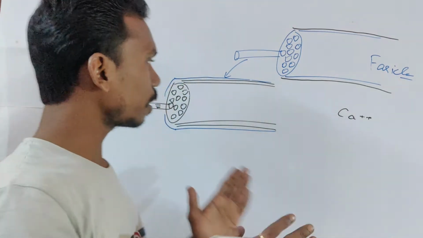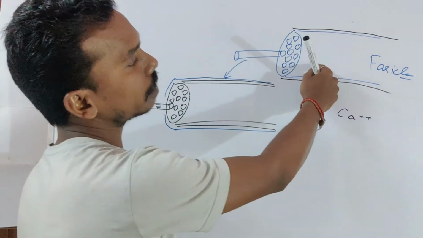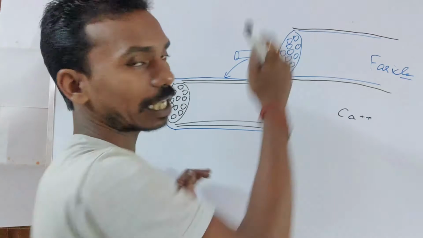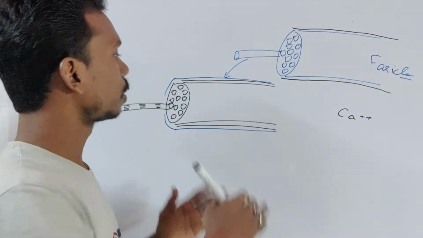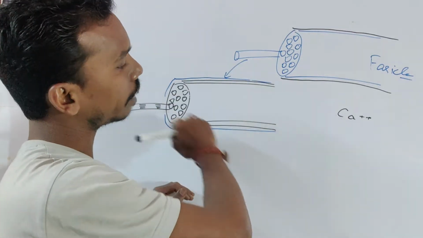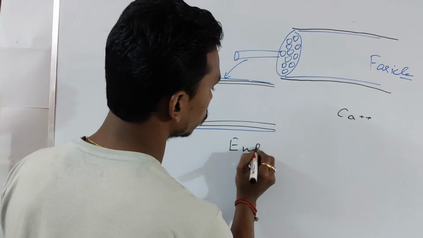Okay, so let's start from the basics. This is the muscle fiber. A bundle of muscle fibers makes a fascicle, and a bundle of fascicles makes a muscle. Coming to the connective tissue layers, this muscle fiber is covered by a connective tissue called endomysium.